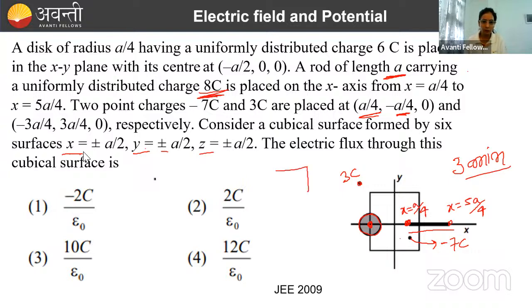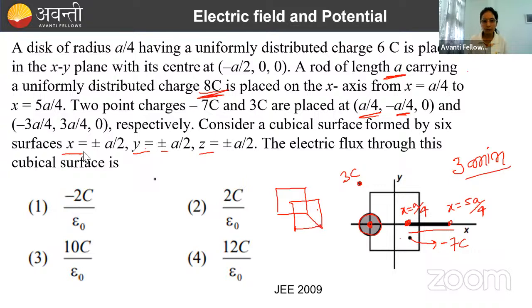If we draw the cube, it will look something like this. My diagram is again very poor, so let me make it as beautifully as I can.